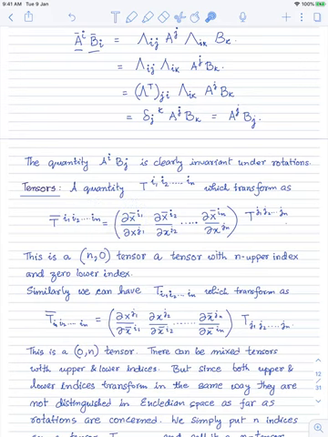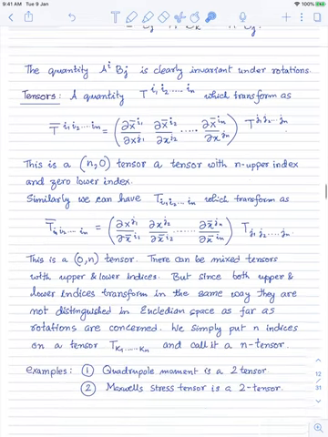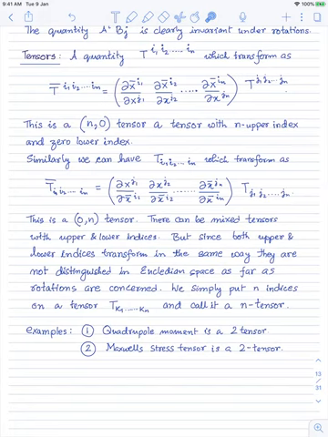Therefore there's no point in making a distinction between upper and lower, and it's basically called an n-tensor, depending on how many indices it has. You can write it on top or on the bottom. We have generally written the indices at the bottom, and this justifies why it's perfectly fine to do so, because both the infinitesimals and the derivatives transform in the same way.